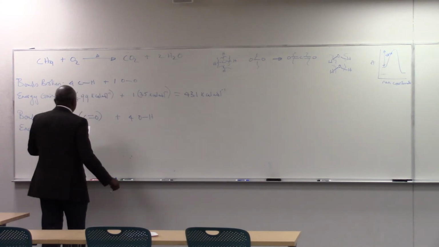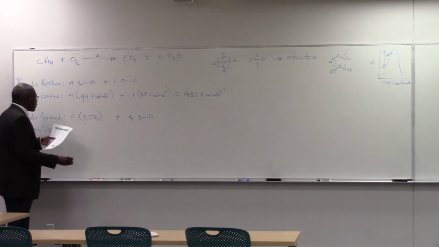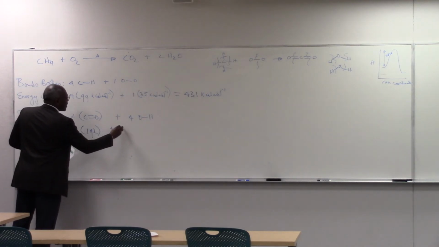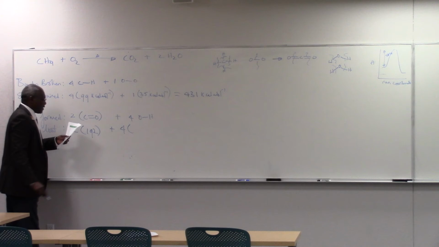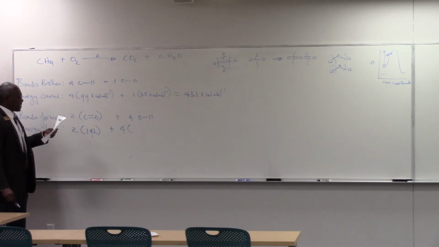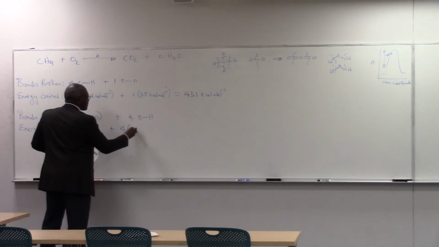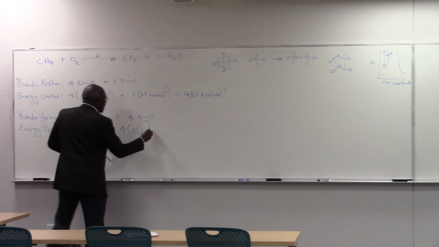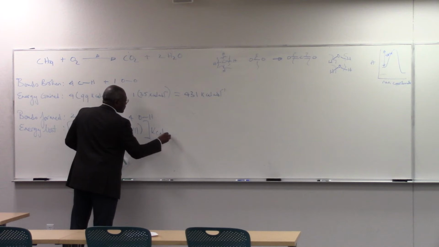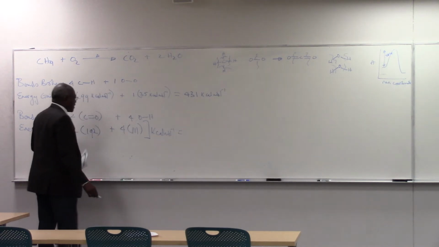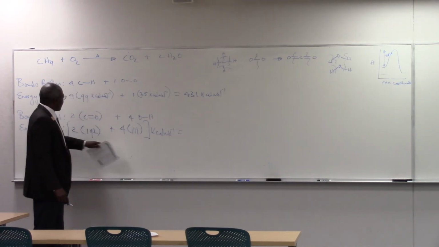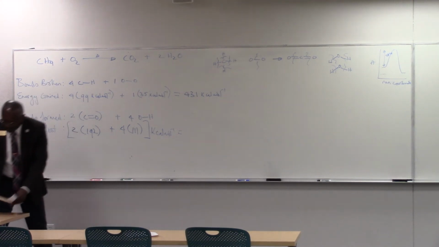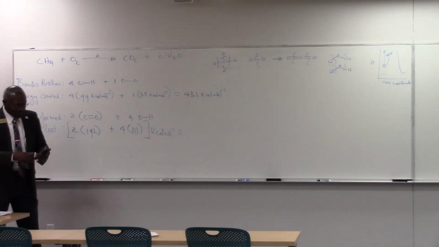So the value for carbon dioxide is 192. So this is 2 times 192 plus 4 times OH is 111. And I'm just going to say all of this is kcal per mole. So this is 444. You know what? It's too late in the afternoon.